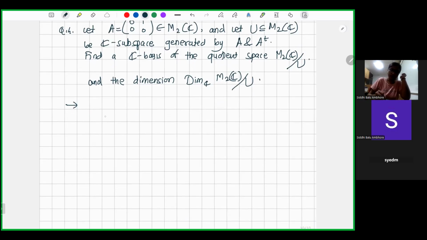Now, A is 0, 1, 0, 0 and A transpose is 0, 0, 1, 0. Let us call this space U. Yeah, that's what they have called it.